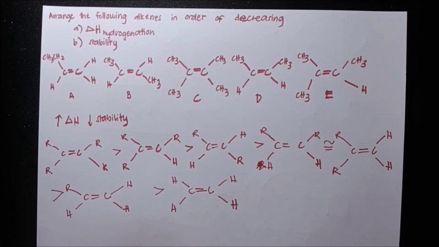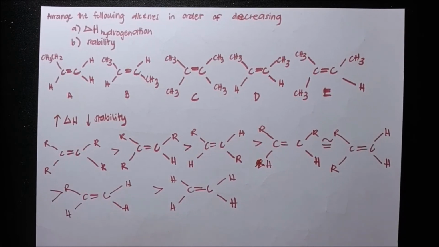And so from here, we can see that the greater the number of alkyl groups attached directly to the double bonded carbon, the more stable the alkene is.